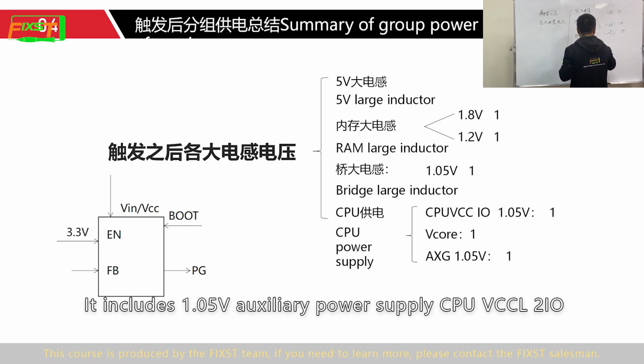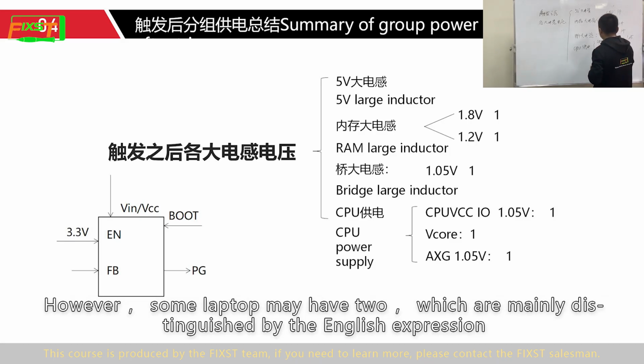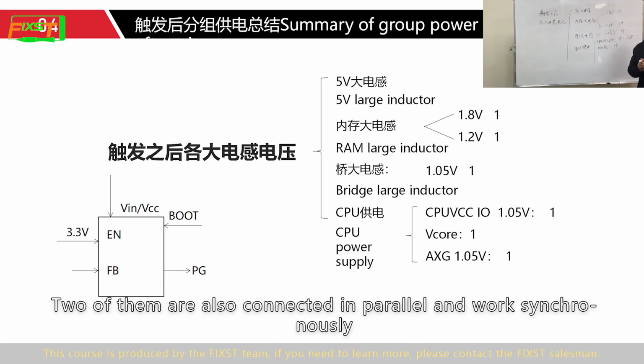It includes a 1.05 volt auxiliary power supply CPU VCCIO. And the CPU Vcore voltage, the main power supply voltage of the CPU, has 1. However, some laptops may have 2, which are mainly distinguished by the English expression. 2 of them are also connected in parallel and work synchronously.